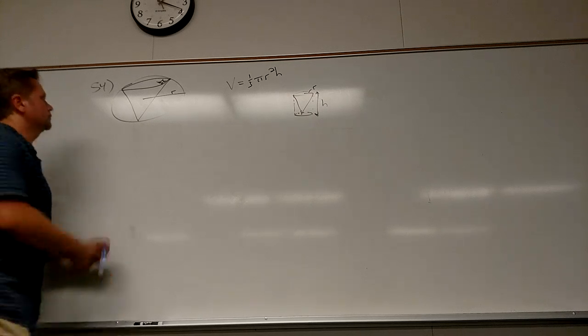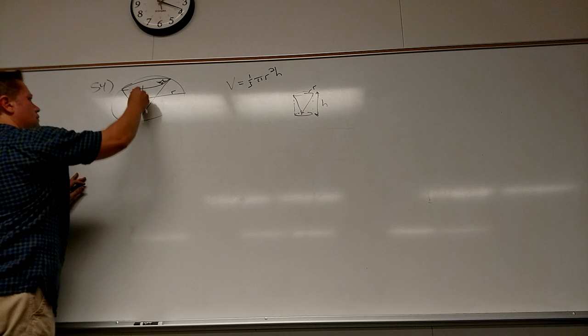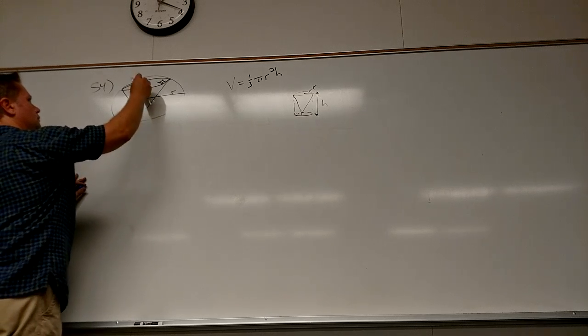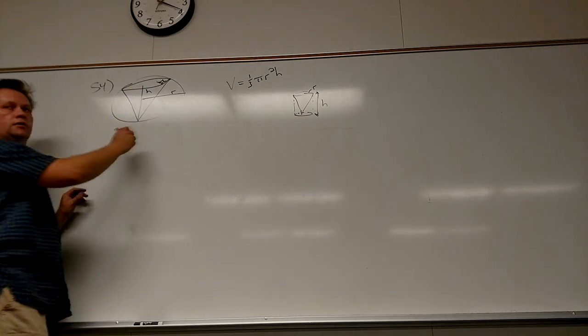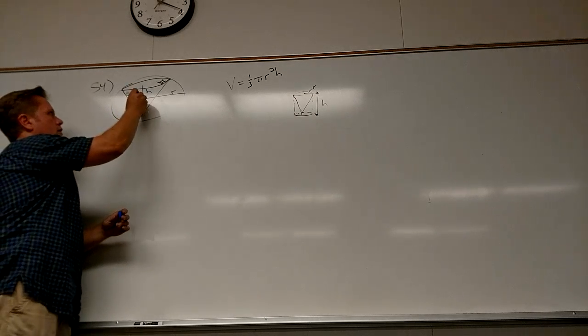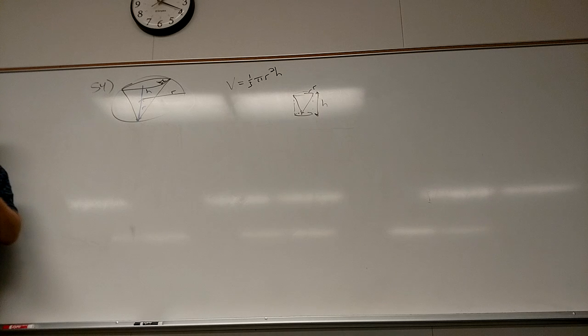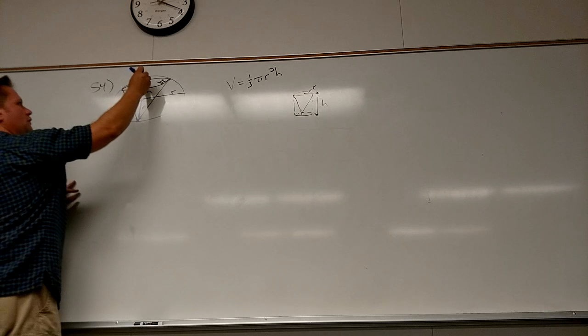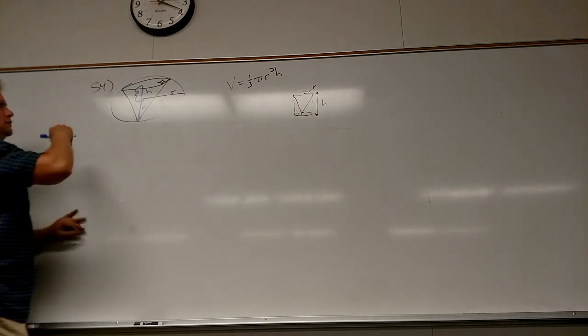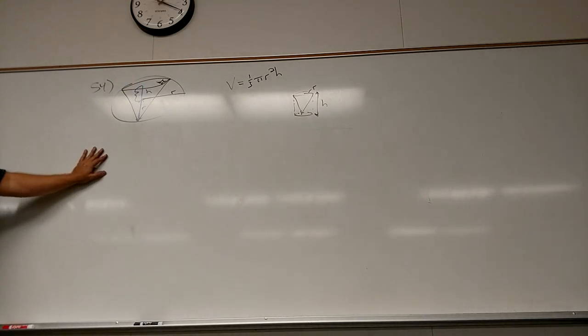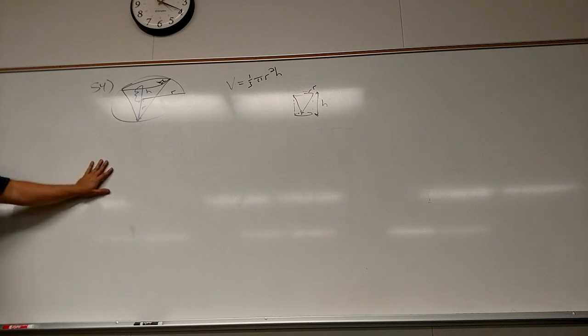So the height, just to draw it in, is this, right? This much is the radius. Is that cool? So I need to figure out somehow to see what that is. Height minus radius.